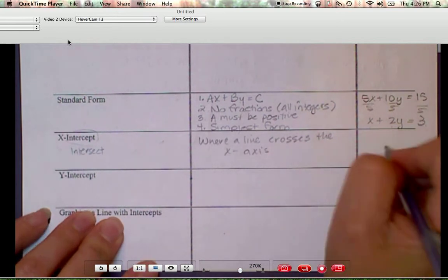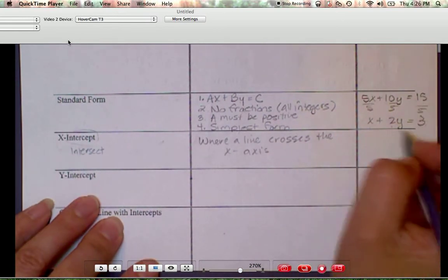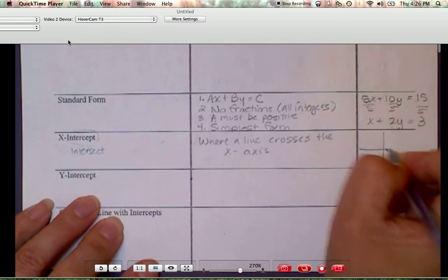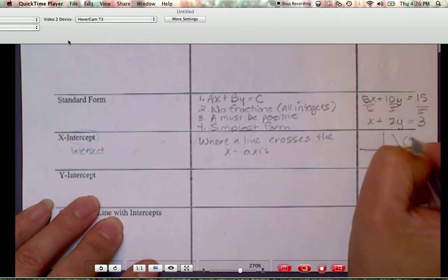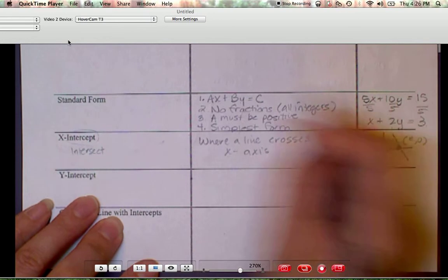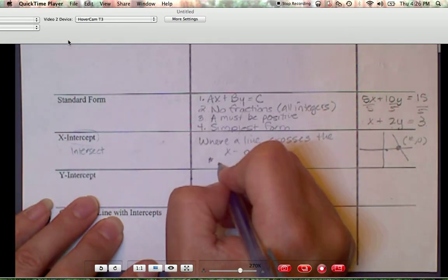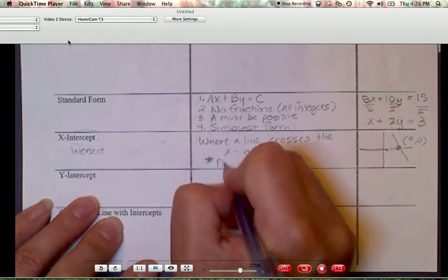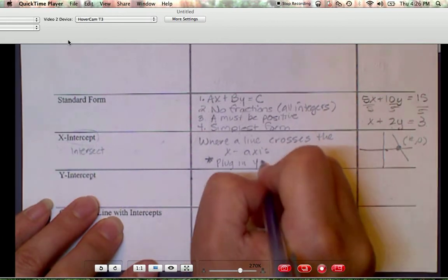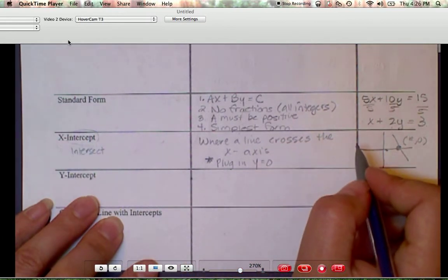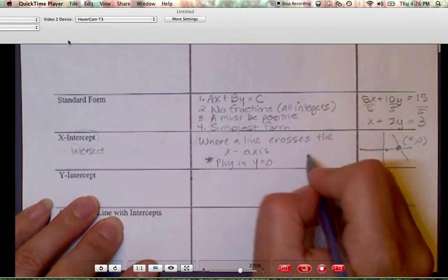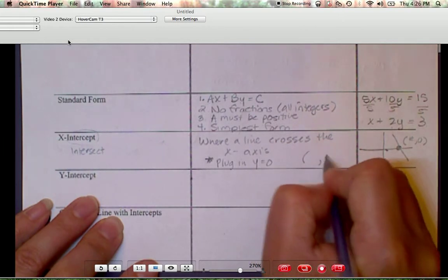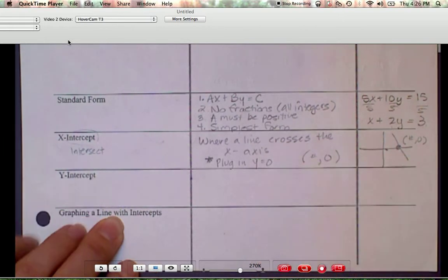And again, imagine if a line is crossing the x-axis at a point. That point's going to have to be some number and 0 for y. So plug in y equals 0. So it's going to be some point, something 0, some number 0.